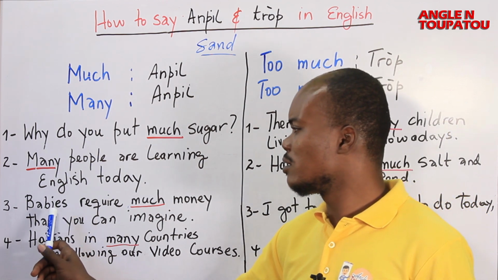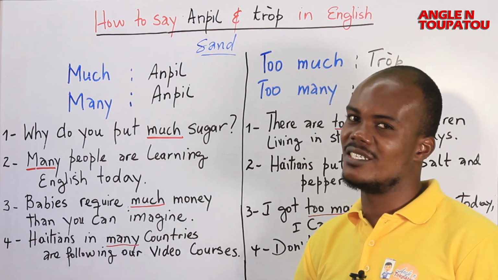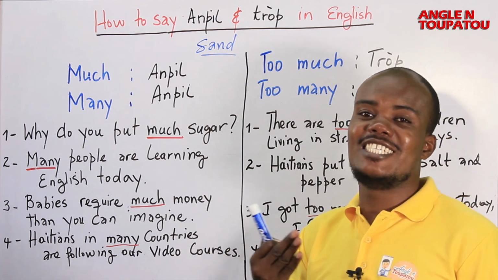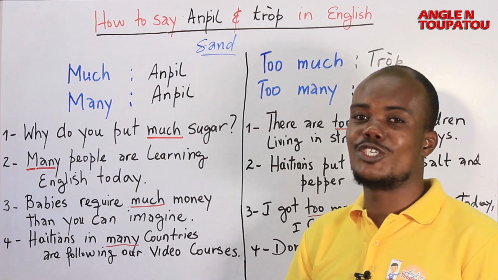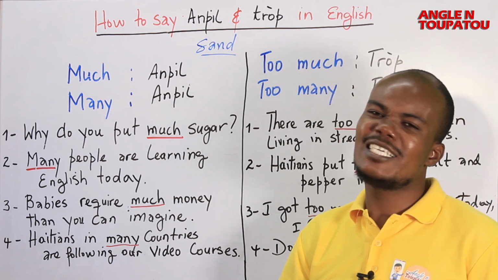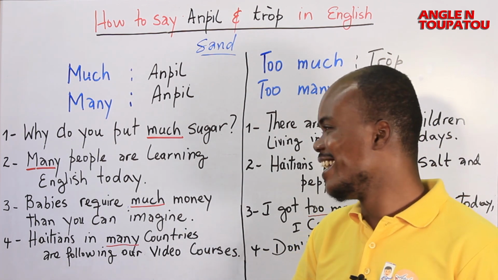Next sentence. Babies require much money than you can imagine. If your friend is talking about how many babies that she desires to have in the future, your friend might say, I need 6 children or 6 babies. Oh, a lot.